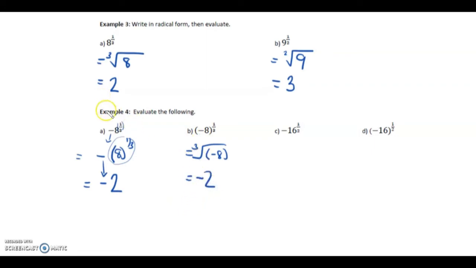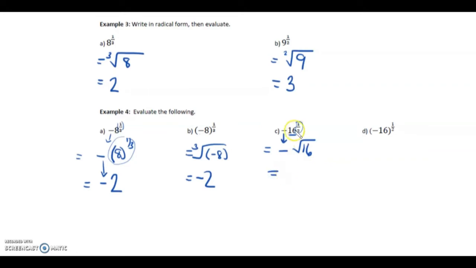Just be careful, because if you get something like this at C, you may think, oh, I can't square root, or I can't take negative 16 to the 1/2. But the thing is, this 1/2 is only on the 16. It's not on the negative sign. So you bring the negative sign down, and then you root 16.